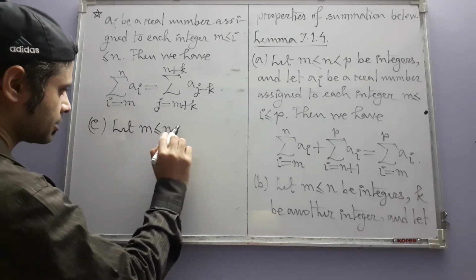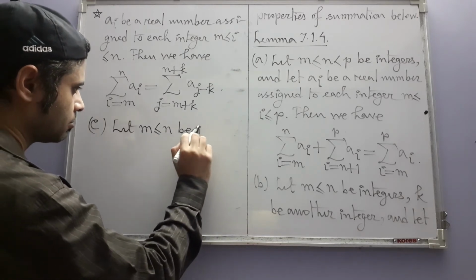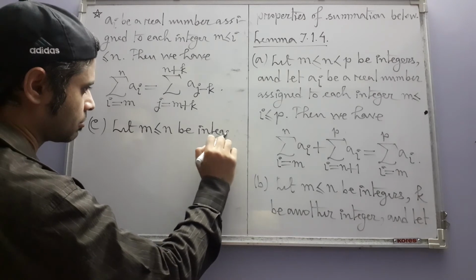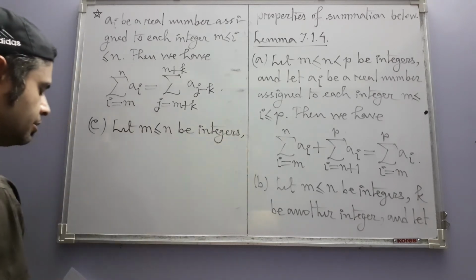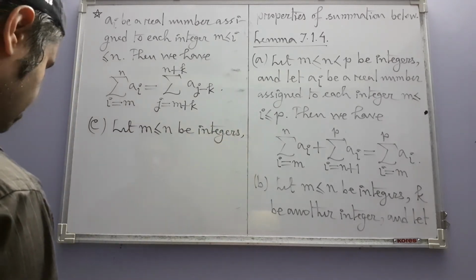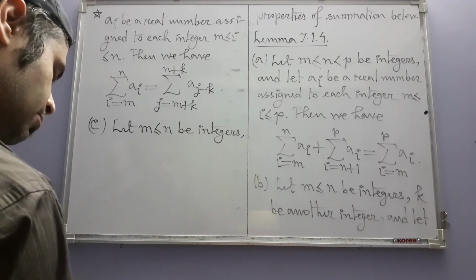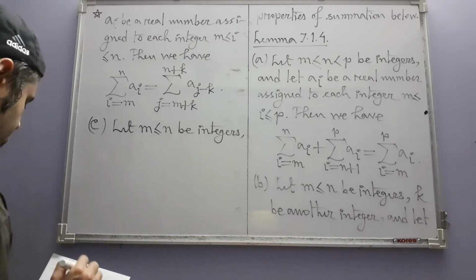Let m less than or equal to n be integers, and this time we have two sequences of real numbers.